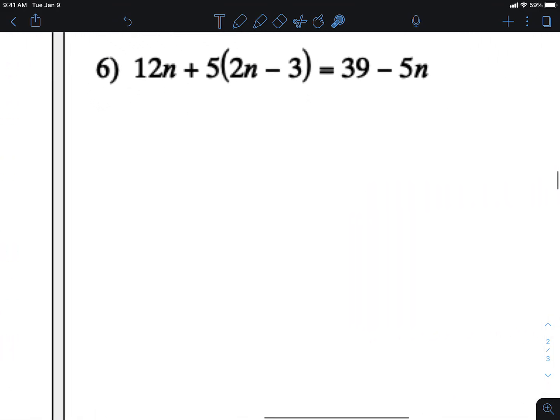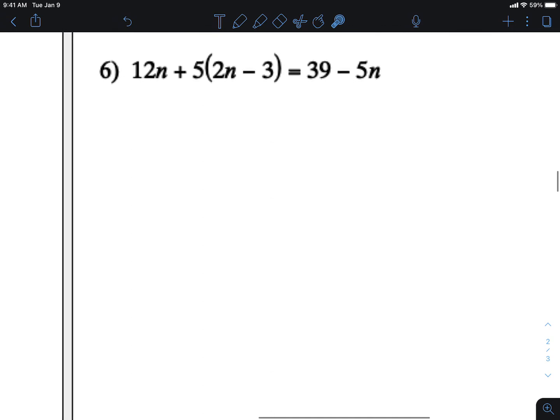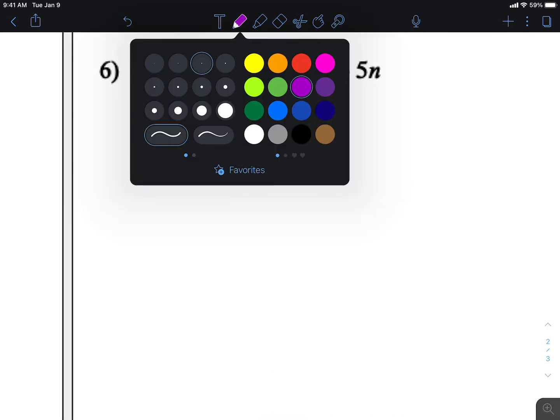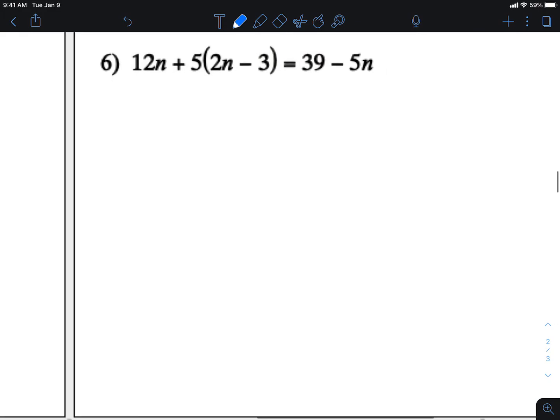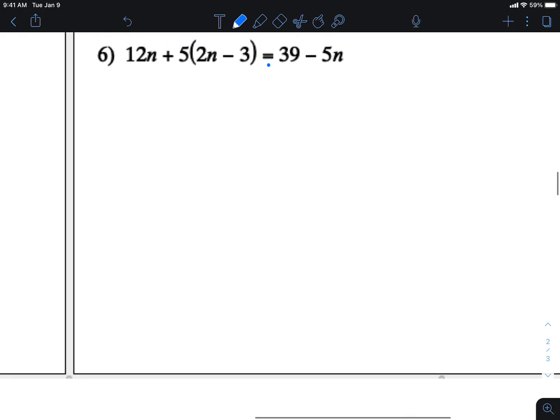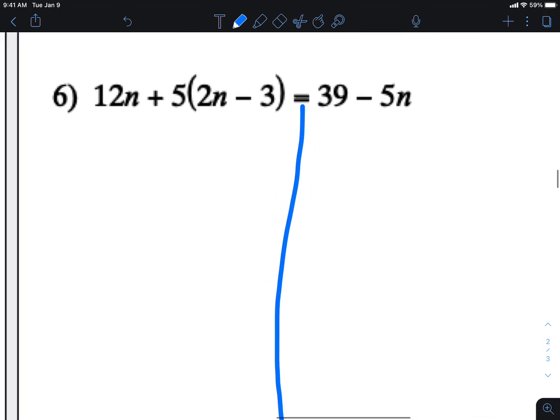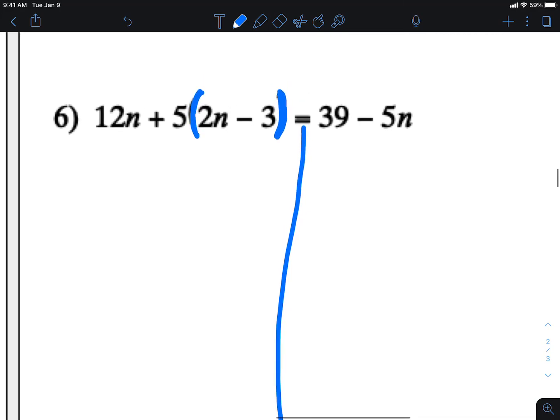Okay, one more multi-step equation with distribution. First thing we're going to do is draw our line of separation under the equal sign. Second thing that I notice is we have parentheses. So we remember that parentheses means to multiply.